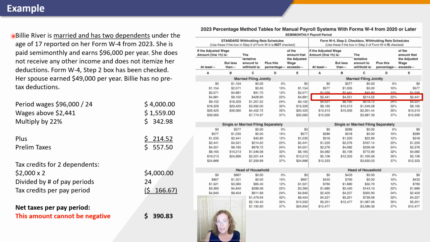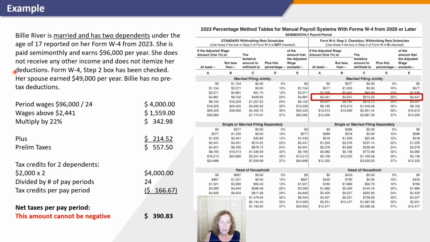Let's look at another example. In this case, Billy River is married and has two dependents under the age of 17, reported on her Form W-4 from 2023. She's paid semi-monthly and earns $96,000 per year. She does not receive any other income and does not itemize her deductions.